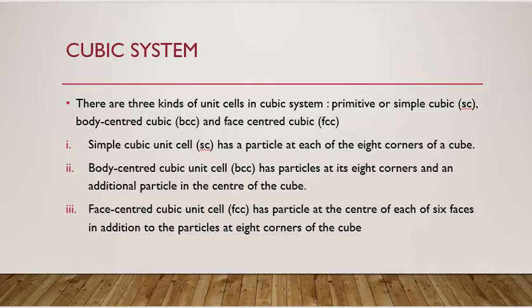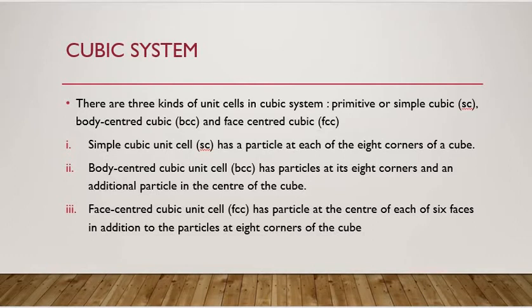Now, the cubic system. In the cubic system, there are 3 kinds of unit cell. Just now I told you about primitive or simple cubic. Second is body centered, and third is face centered. In simple cubic, the particles are only present at the 8 corners of the cube and are shared by different unit cells.